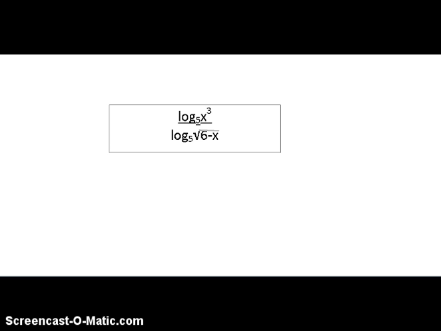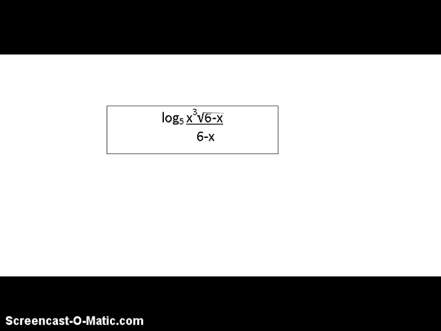So to get rid of the square root, you would multiply both sides by 6 minus x. And then your final answer should look something like this.